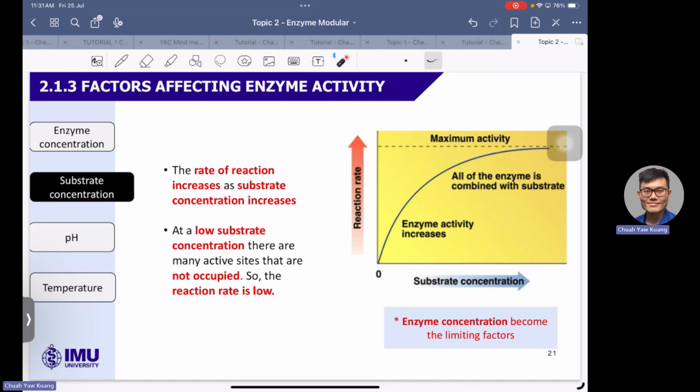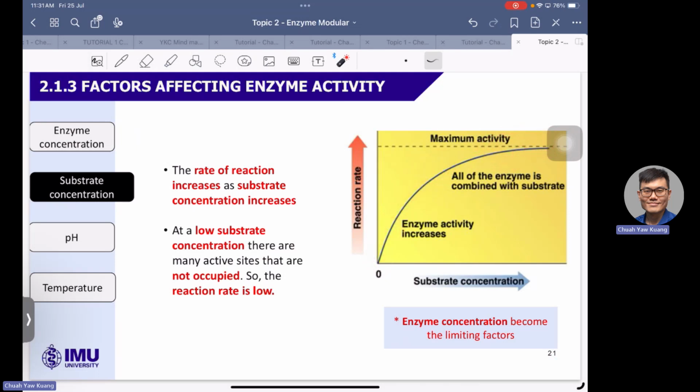That would be wrong. Don't waste this mark again. Same as the first part, you explain when the substrate concentration is low, when it is increasing, and when the graph levels off. Three parts: 1, 2, 3.